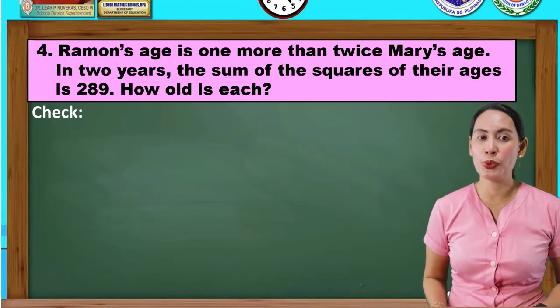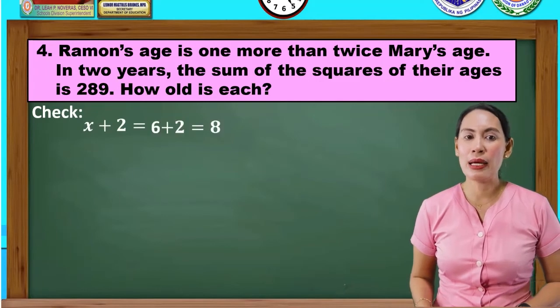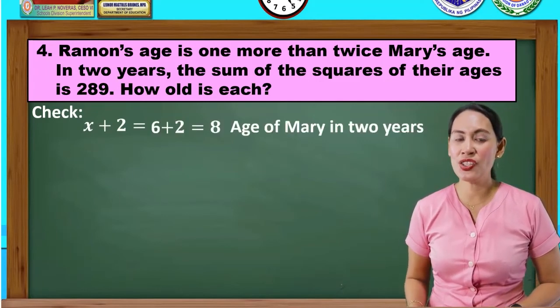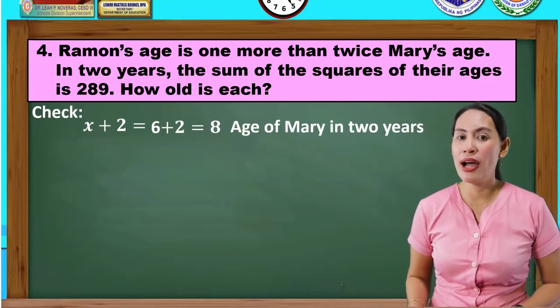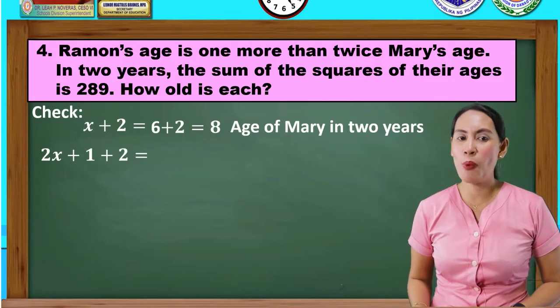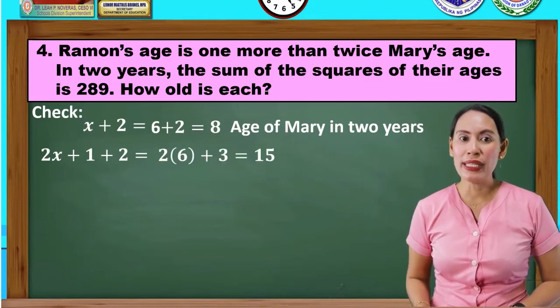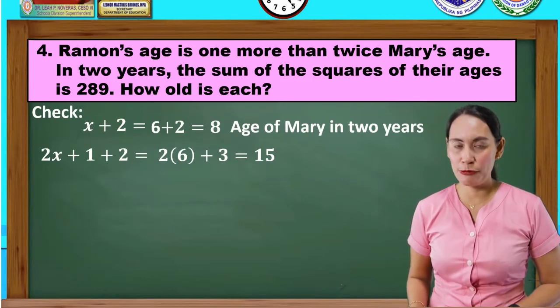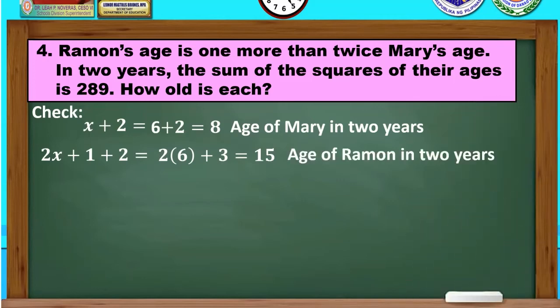So x plus 2 equals 6 plus 2 equals 8. That is the age of Mary in 2 years. Then 2x plus 1 plus 2 equals 2 times 6 plus 3 equals 15. That is the age of Ramon in 2 years.